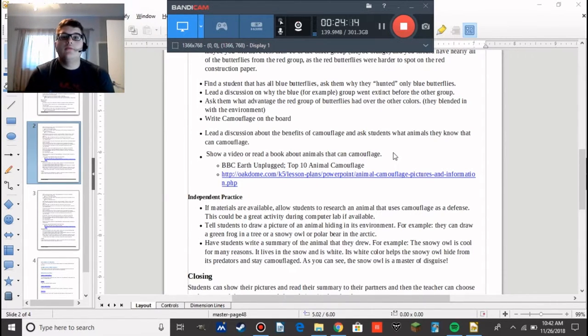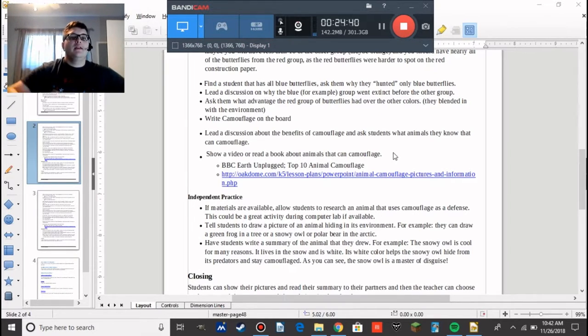For example, what if you have a student from Brazil and they're talking about tree frogs and stuff like that? Or you have a student who lived in India and they talk about some animals there that use camouflage.